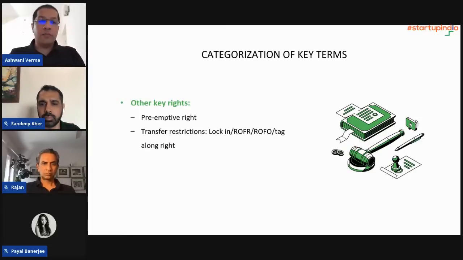Moving on, some of the other key rights which you are likely to see in a seed stage term sheet. First one is preemptive right. A preemptive right entitles the right holder to maintain its shareholding in the company.